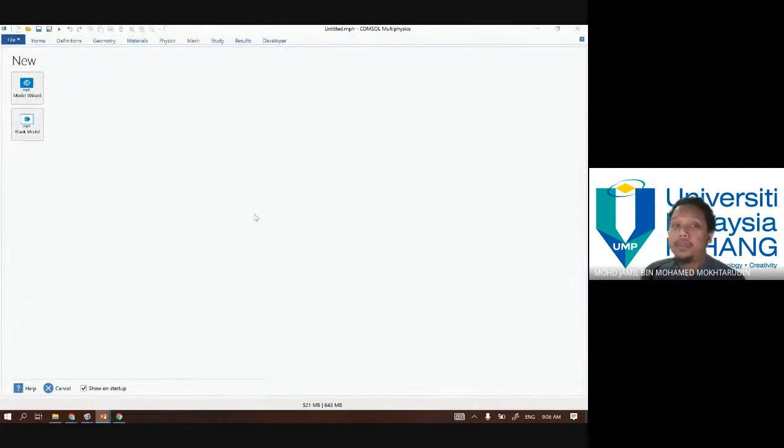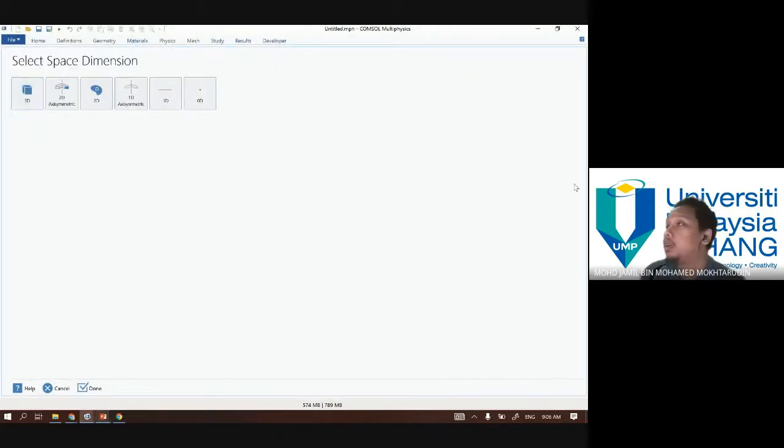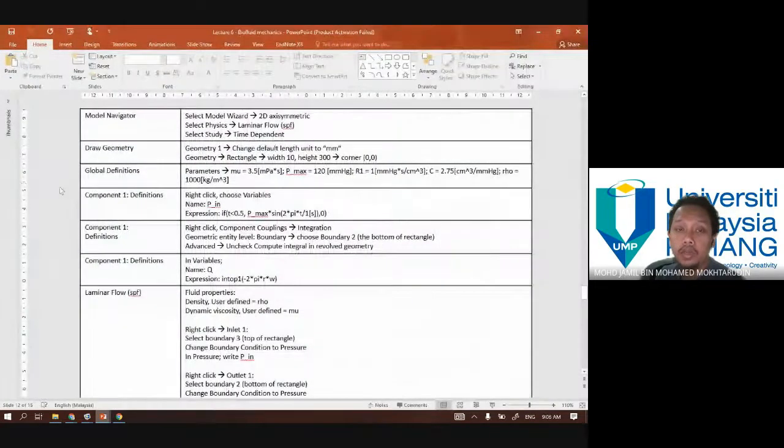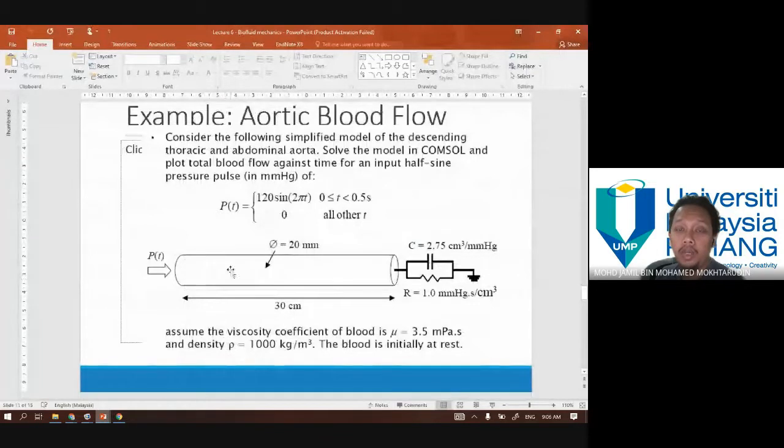Firstly, we start by choosing model wizard. In this example, we assume that the aorta is a straight cylinder. Because of the cylinder shape, we can solve this using 2D axisymmetric instead of using 3D.